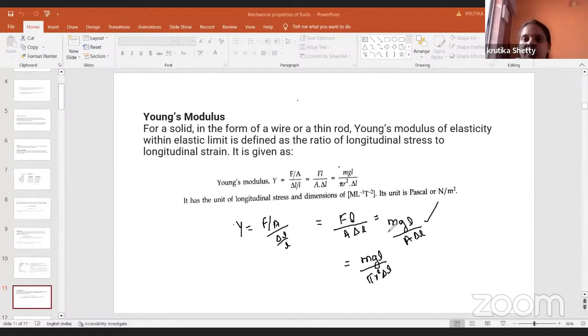So based on the given data we can change our formula. For the dimension formula and the unit, you are able to see here. Okay, yes, so let us go for the next type of stress.